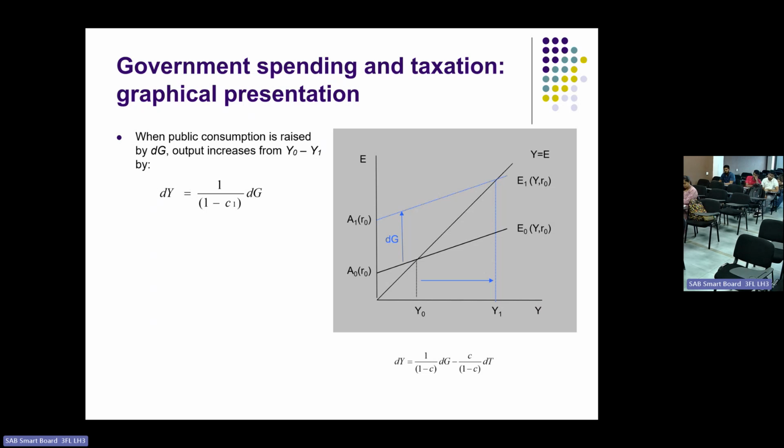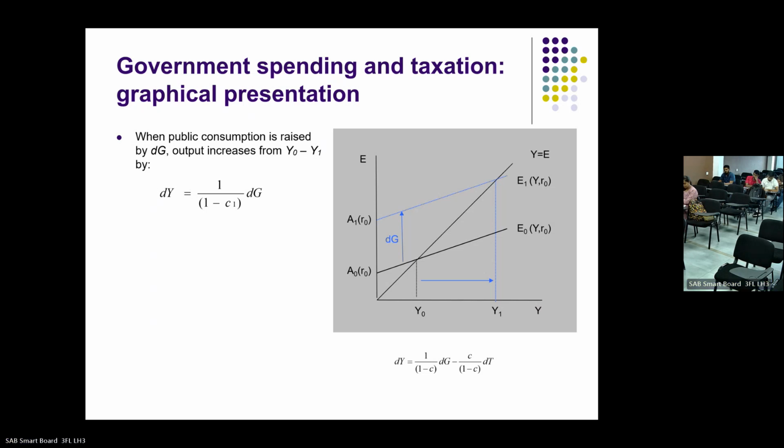Government expenditure rises from G0 to G1 by delta G. The aggregate demand curve shifts upward to the right, given by the change in the government expenditure delta G. So as a result of that, income changes from Y0 to Y1. The income rises from Y0 to Y1 when the government raises expenditure, right? So that is the initial situation.